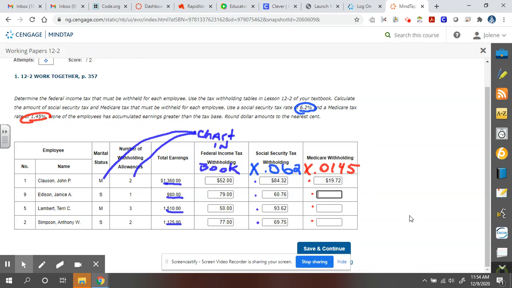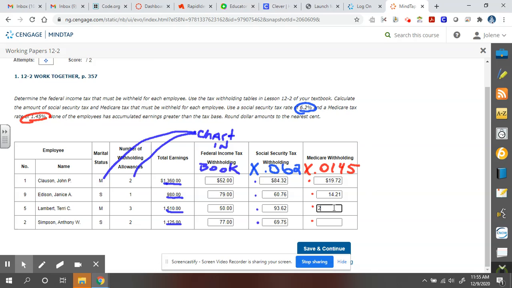All right, so we got to find out for Janice. Janice made $980, and we got to find out how much she's paying towards Medicare. She's paying $14.21. And Terry made $1,510.